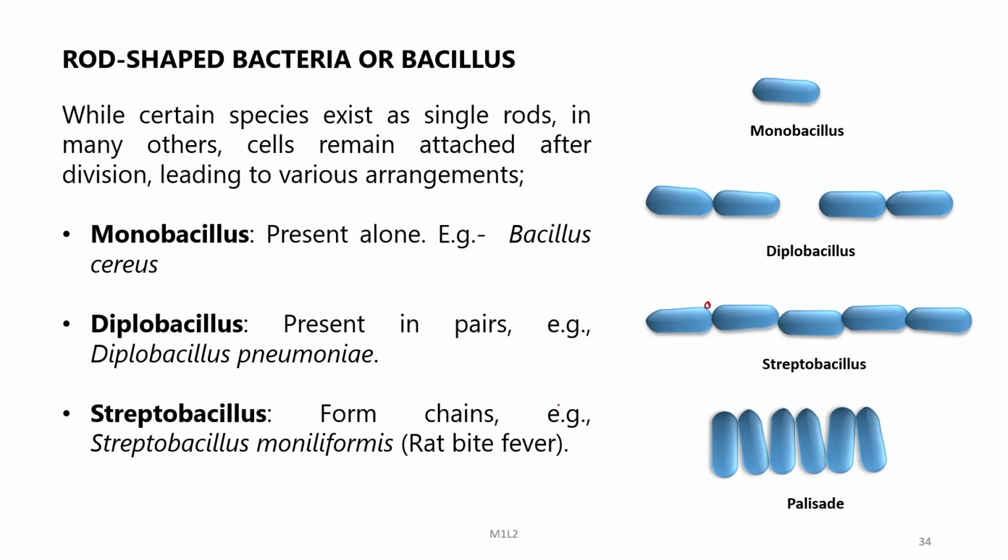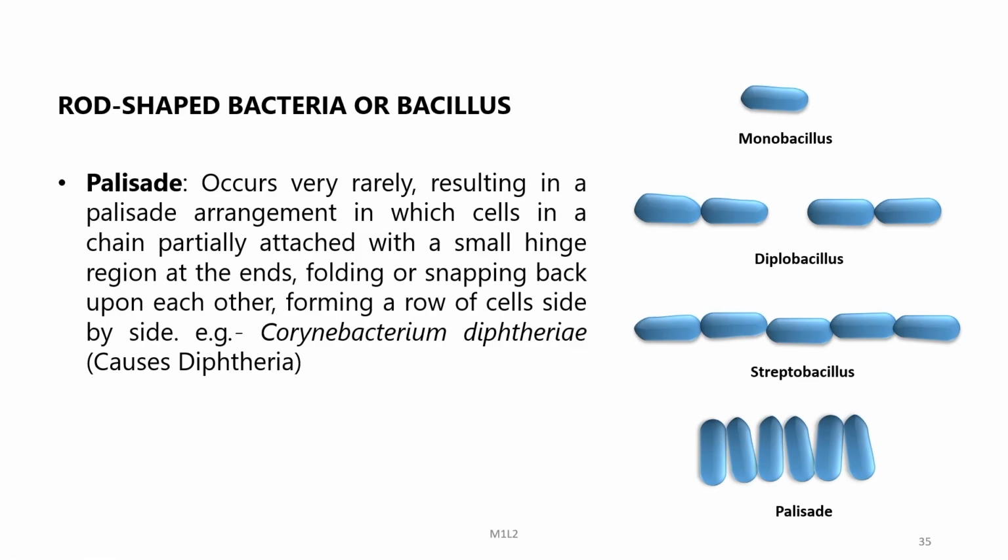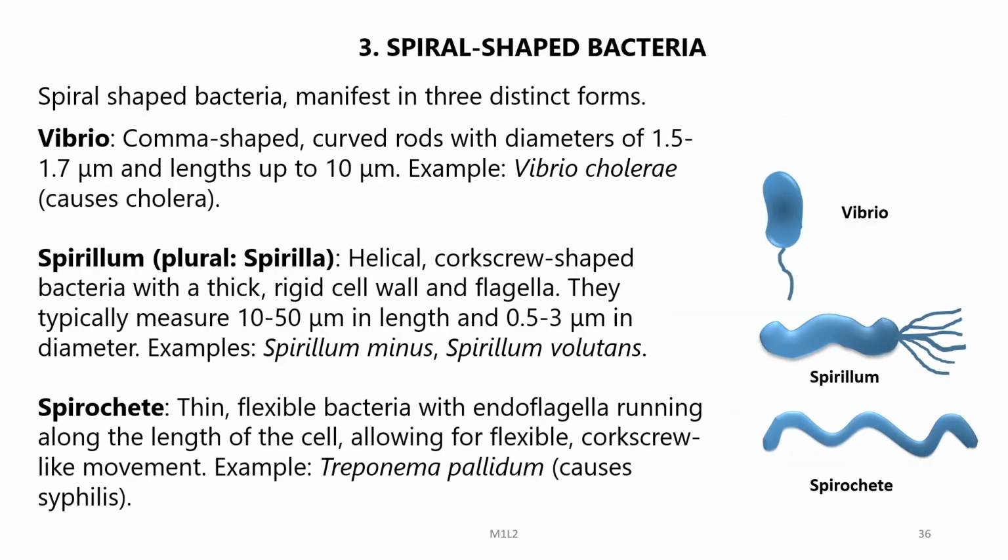Streptobacillus moniliformis causes rat bite fever. Palisade occurs very rarely, resulting in an arrangement in which cells in a chain are partially attached with a small hinge region at the ends, folding or snapping back upon each other, forming a row of cells side by side.